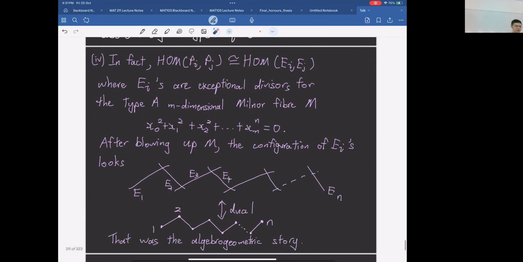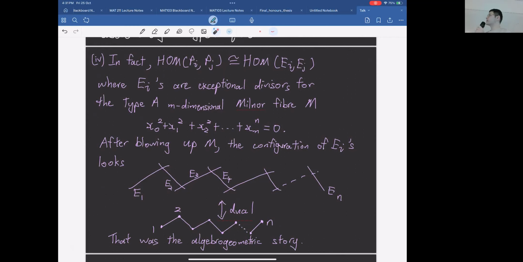Right. So mentioning about the intersection form here, I want to talk about this guy here. If you look at the Hom space of Pi, Pj, so the tensor product between Pi, Pj, it is actually the Hom space between exceptional divisors also. Okay, well, so where do you get the divisor from?